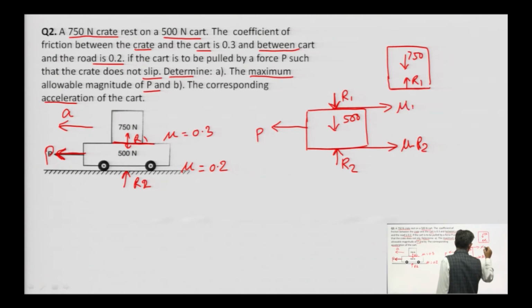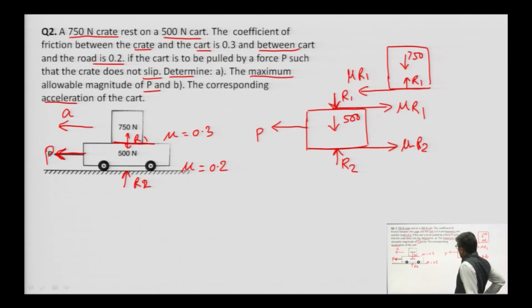So it is mu into R1 and mu into R1, which gives the direction of the friction force at this contact surface. Mu R1 is along this direction, opposite to motion. So to counterbalance this friction force at the contact surface, mu R1 has to be applied here.